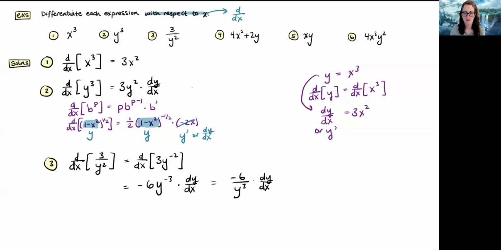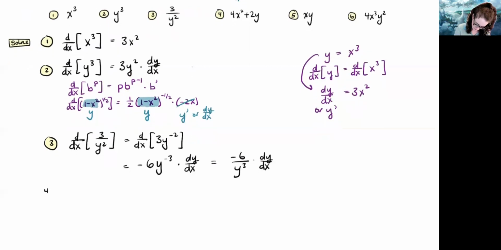All right, example number 4 is 4x squared plus 2y. Okay, we're differentiating this with respect to x. So d dx of 4x squared plus 2y. Okay, so here we have a mixture.